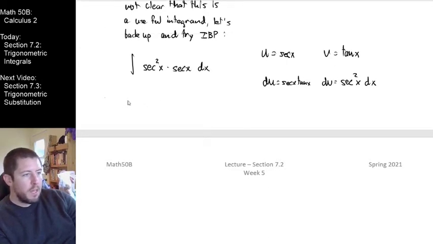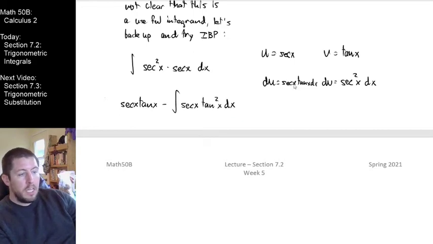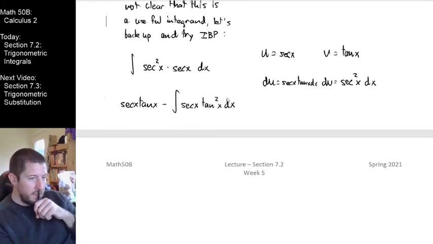So this is going to be giving me uv, which is secant tangent, and I should put my dx right there, just like we have for the du term. So I get secant tangent, that's uv, minus the integral of v du. Du was secant tangent times an additional tangent gave us a tangent squared on the inside.